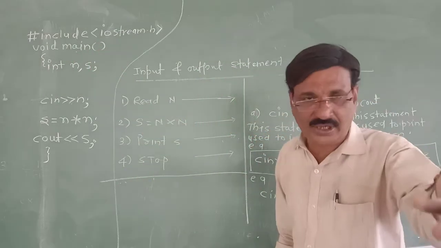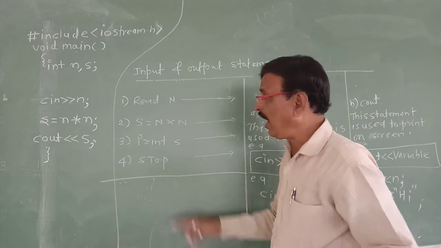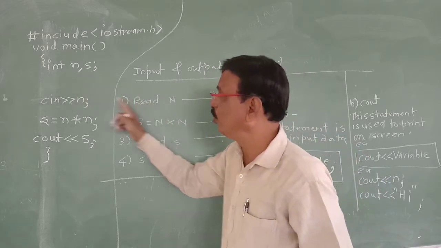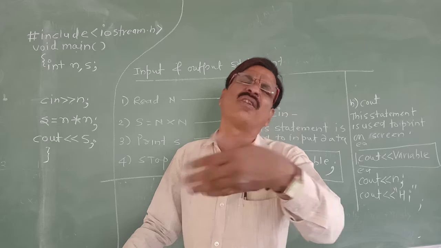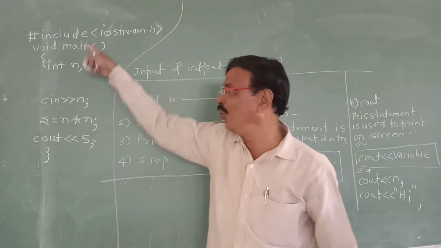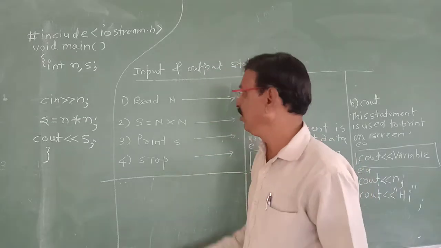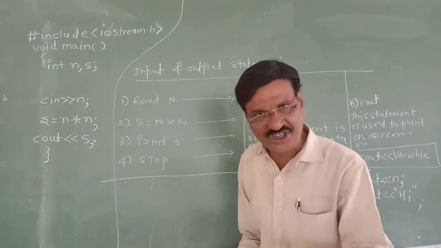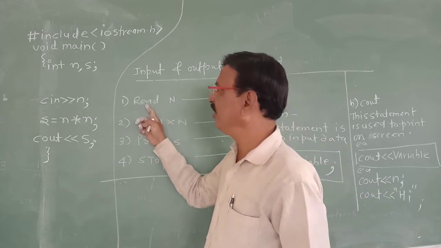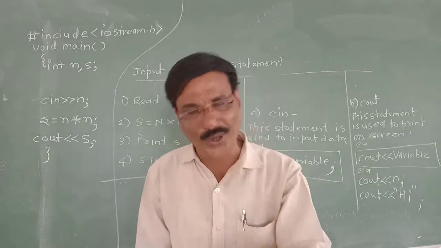First of all, we studied the problem, we understood the problem, we wrote the design steps, and every design step is converted into appropriate programming language keywords or instructions. That is the coding step. So first step, study and understand the problem. Second step, design steps. Third, convert the design steps into appropriate programming language instructions, that is coding.